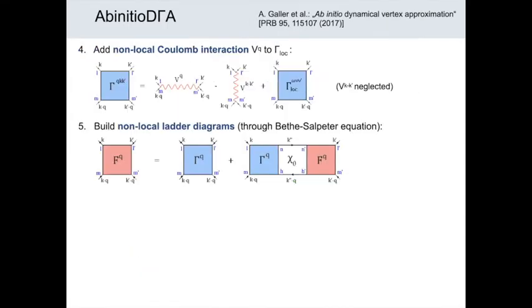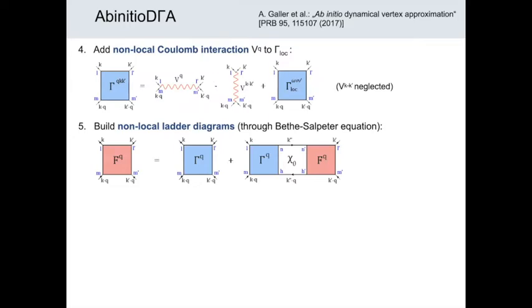And then in the next step in ab initio DΓA, I supplement this local vertex with the non-local Coulomb interaction. So that is the two diagrams here, the V of q and the V of k minus k prime.